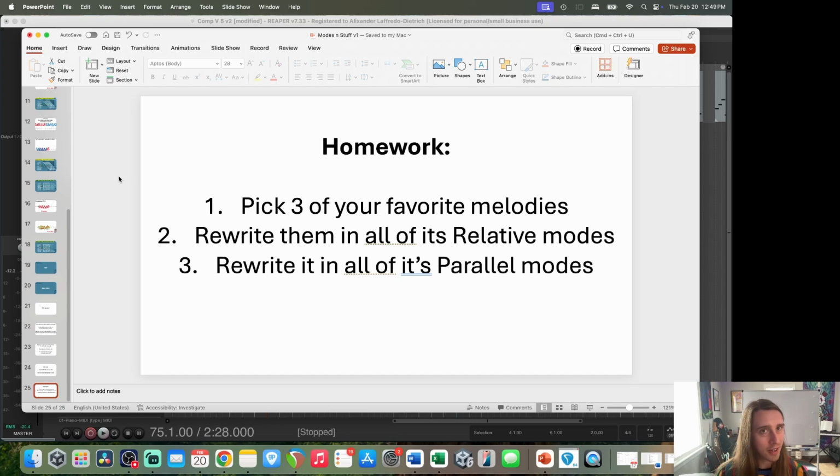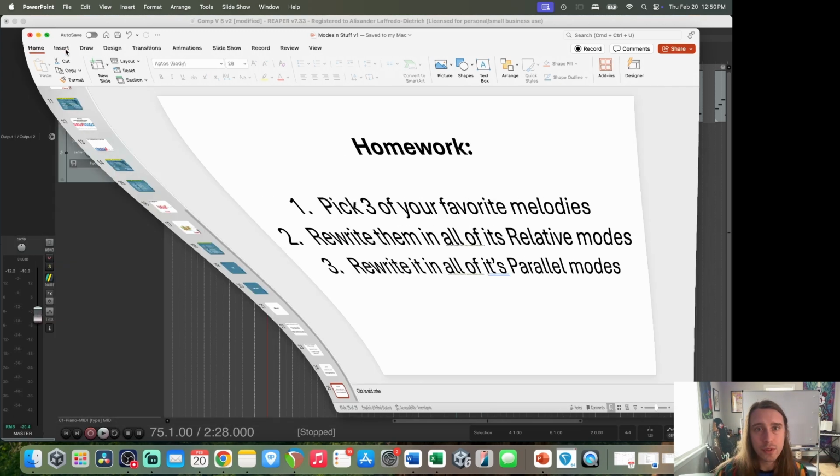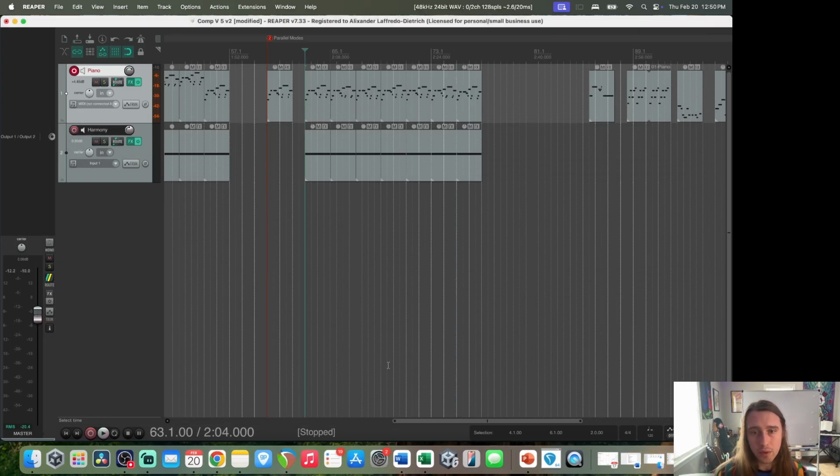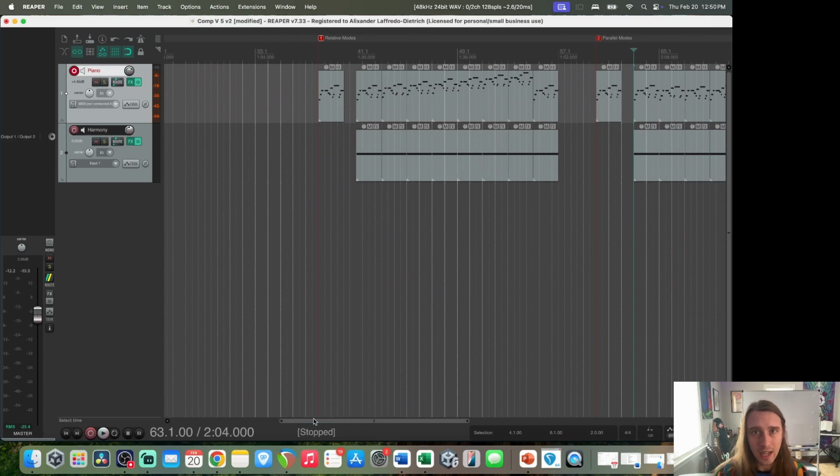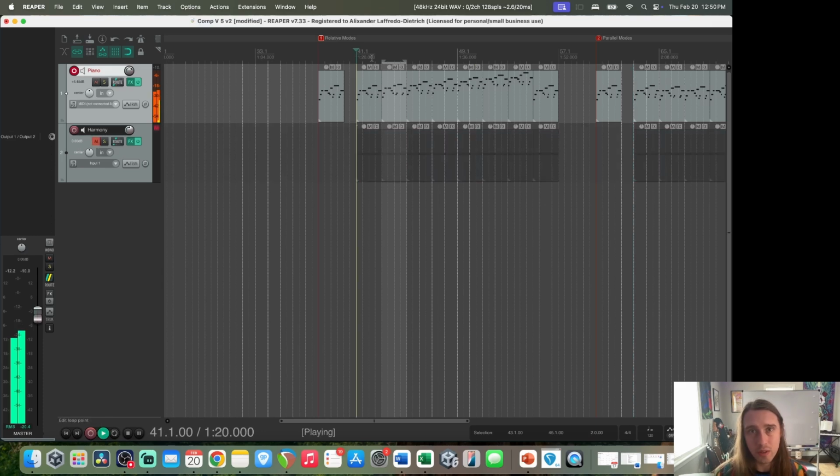You'll probably find something that you might like better than what you originally wrote, or that reminds you of something that makes you feel a different way. So for instance, when I wrote this little doodad, my favorite one was hearing this in D Dorian. So this is what I originally wrote. But I really like this.